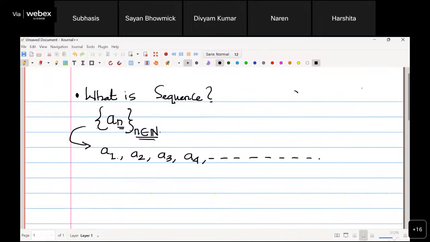As you can see, when I say 1, I'm getting A1. So this 1 appears in A1, and this 2 appears in A2. So for each natural number n, I am getting some real number a.